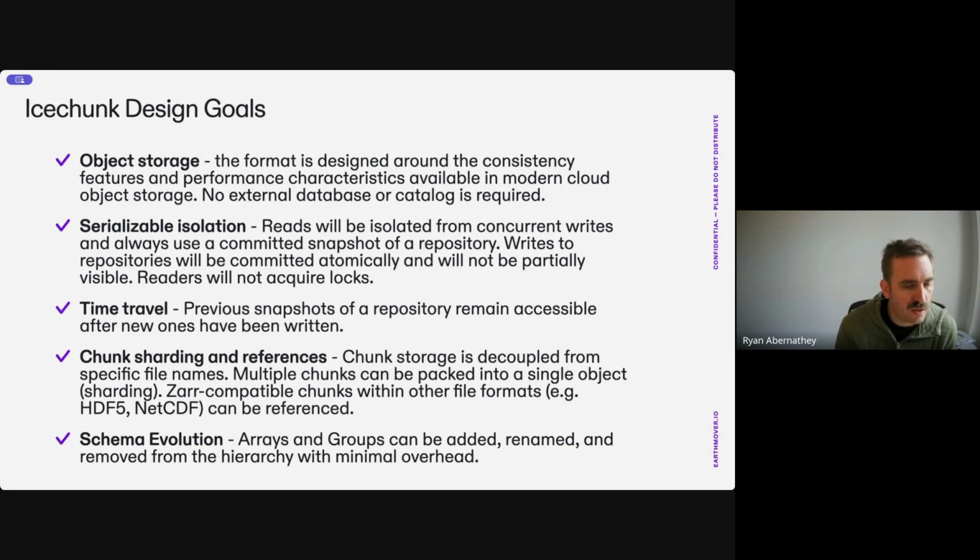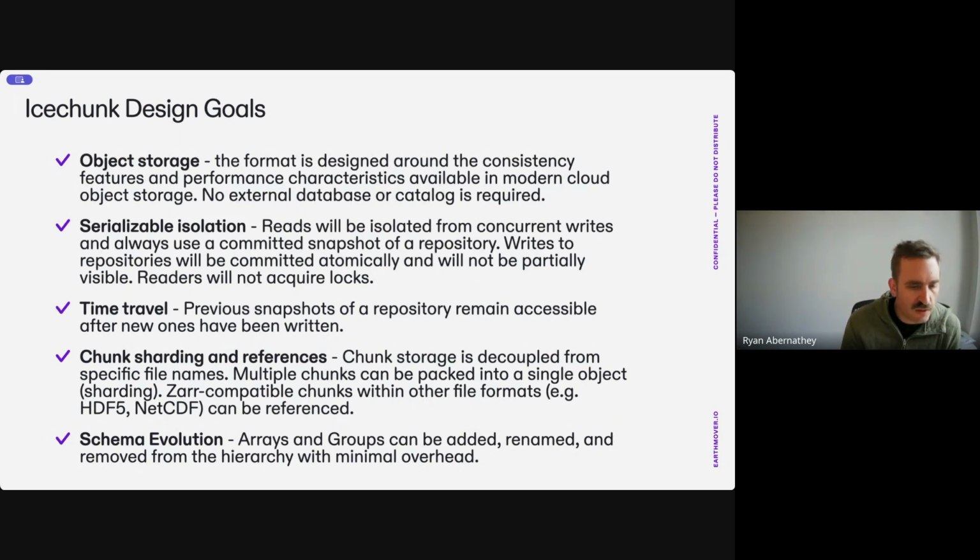A key requirement that is really what made us need to design a new format is the idea of supporting references. Supporting references to chunks in other external files is a pretty unique and particular thing that our community has started doing. We think it has a lot of promise, and so that was core to the design of Icechunk.